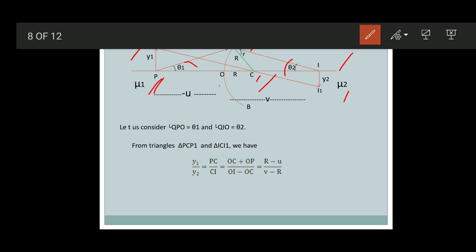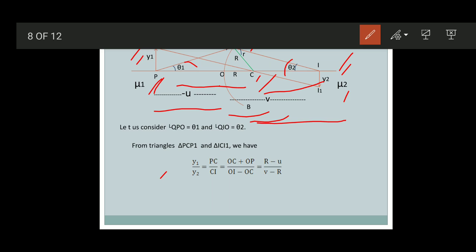By using this, y1 by y2 is equal to PC by CI. We know PC can be written as PO plus OC, and CI can be written as OI minus OC. But we know OC is equal to capital R, OP is equal to minus u, and OI is equal to small v.